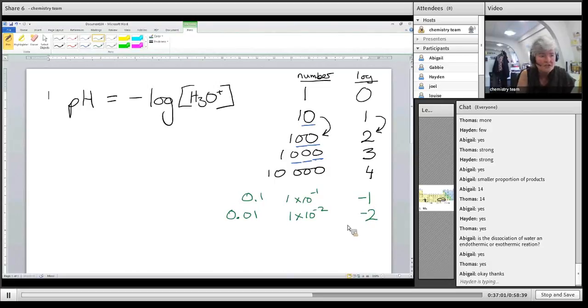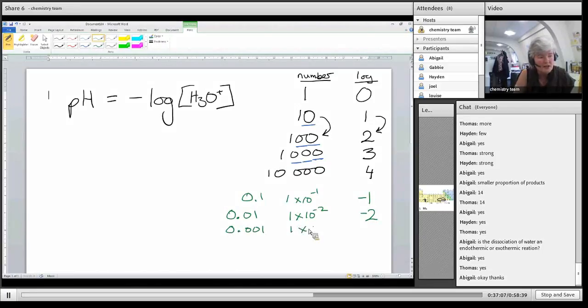Do I need to explain anything more on this? Because then if I carry on, 0.001 will be 1 times 10 to the -3, and then I'll have a log value of -3. So again, if you can see it as being a placeholder, then it would make more sense in your head.